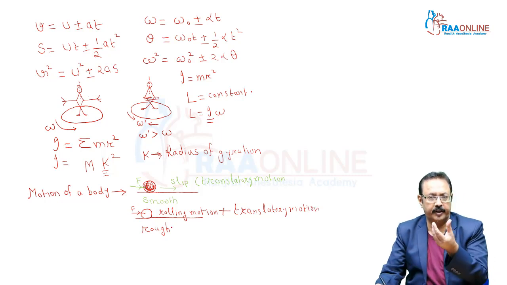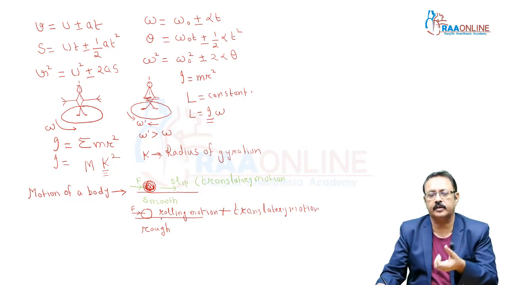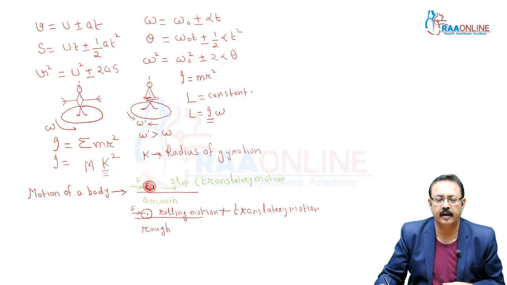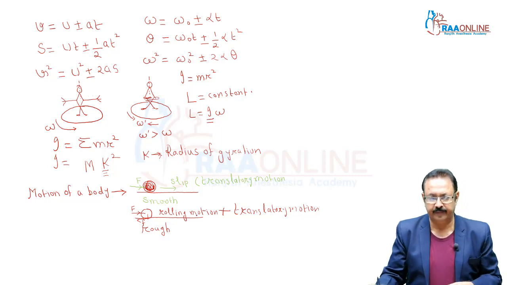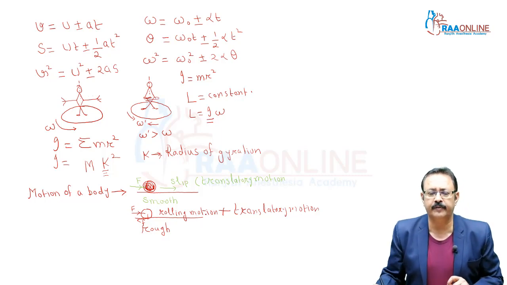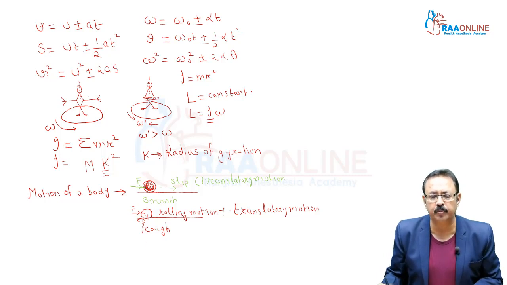Means due to friction, you will get torque R cross F. Friction is acting in this direction, so it will start rolling. So you will observe two types of motion. If it is not free to move, then it will be purely rolling motion. It is only rolling motion.